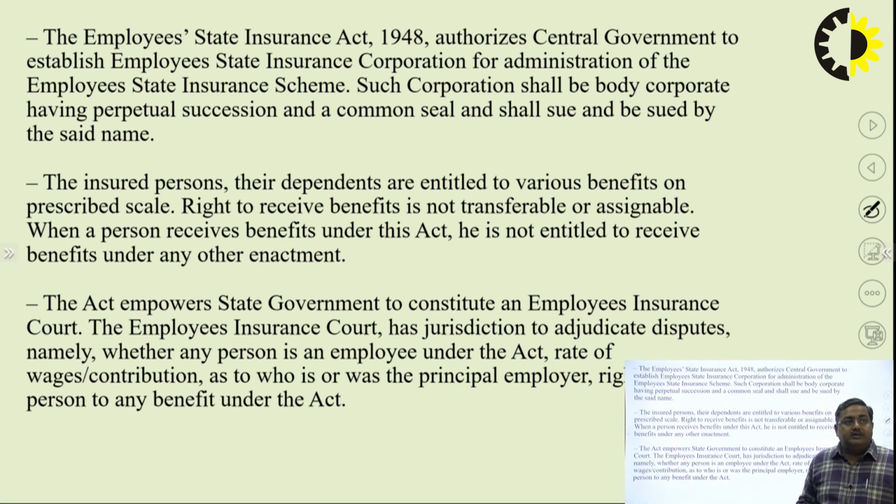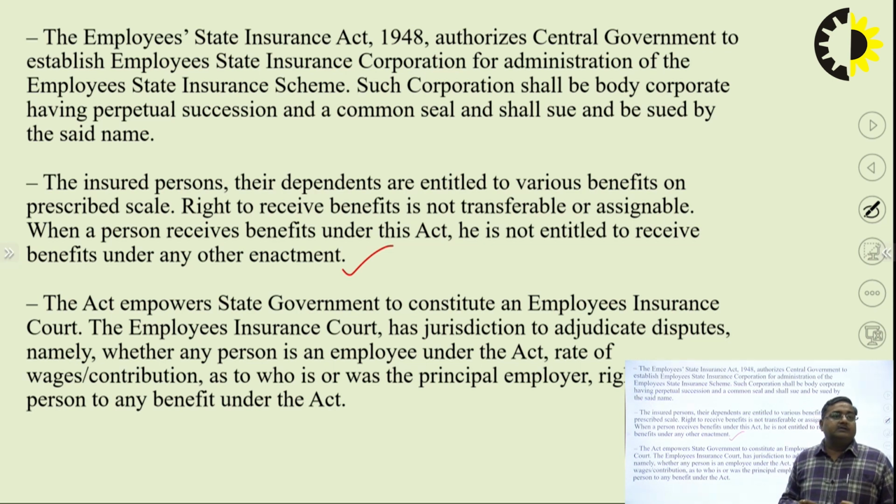The insured person and their dependents are entitled to various benefits on prescribed scale. The right to receive benefit is not transferable or assignable. When a person receives benefits under this act, he is not entitled to receive benefit under any other enactment.